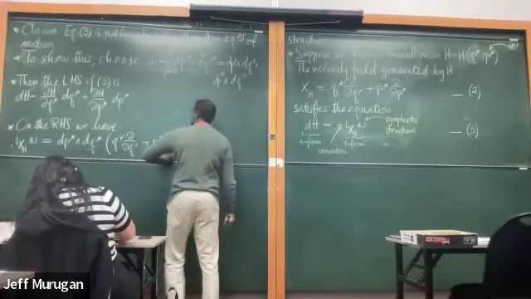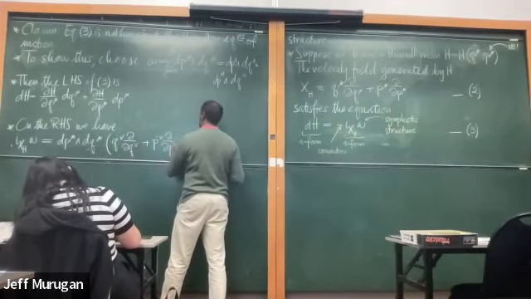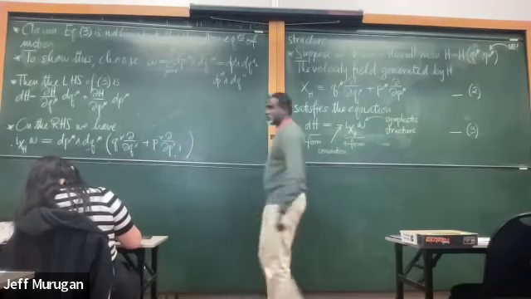Technically, the two form takes in two arguments, so I should separate this. Something like that.